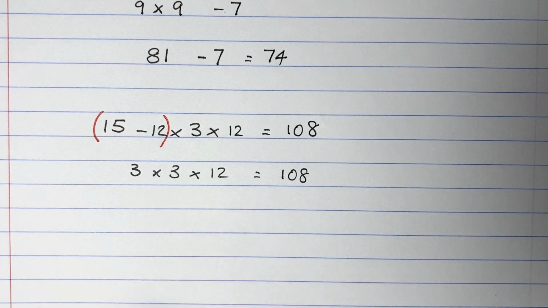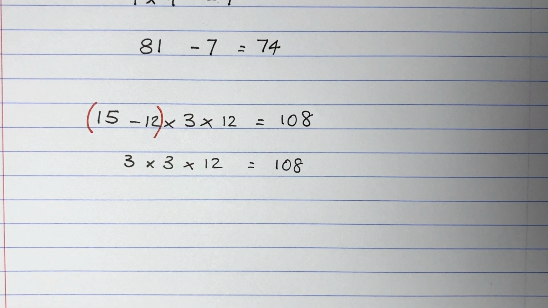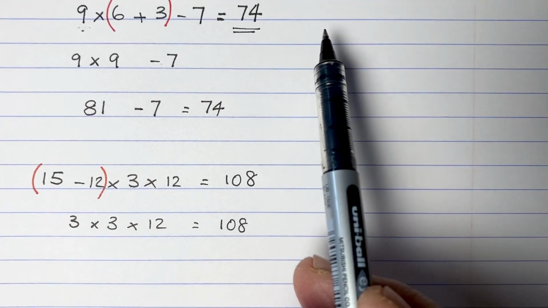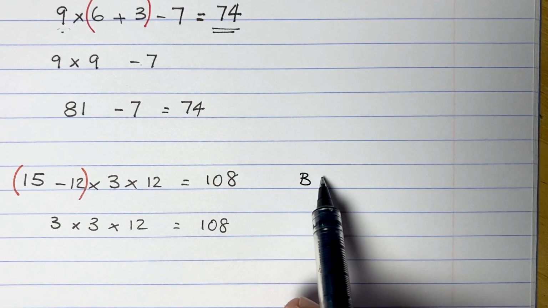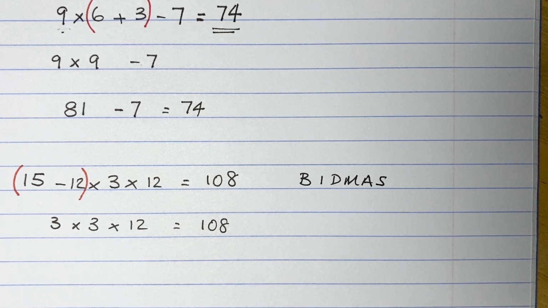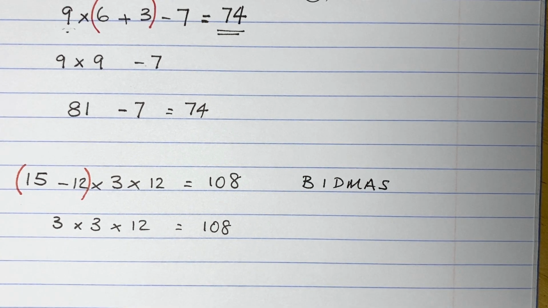With this topic of order of operation, you need to practice a lot, so you can give the answer quicker and make sure that you don't make too many mistakes in the order. But always, my advice is to write BIDMAS next to any order of operation where you don't know which operation to be done first.